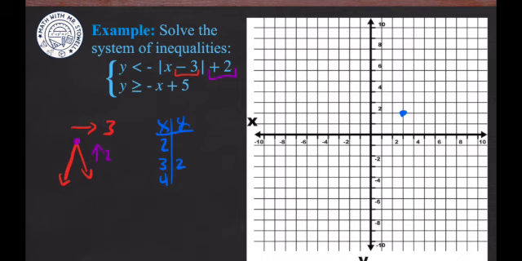So if it's 2, we have negative absolute value of 2 minus 3, close absolute value, plus 2, which gives us negative absolute value of negative 1, plus 2. This is going to be negative 1 plus 2, which gives us 1. And if our work checks out, we could plug in that 4 and get the same result.